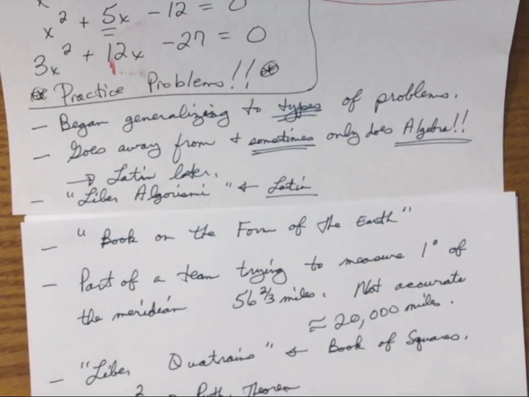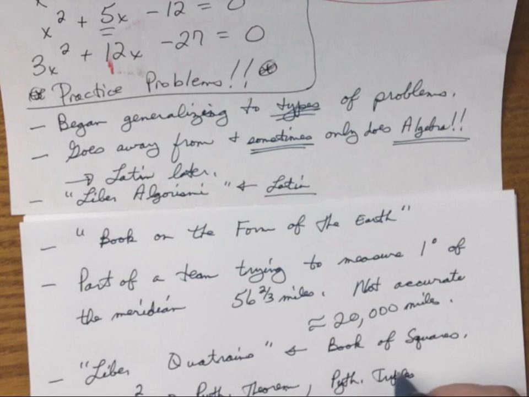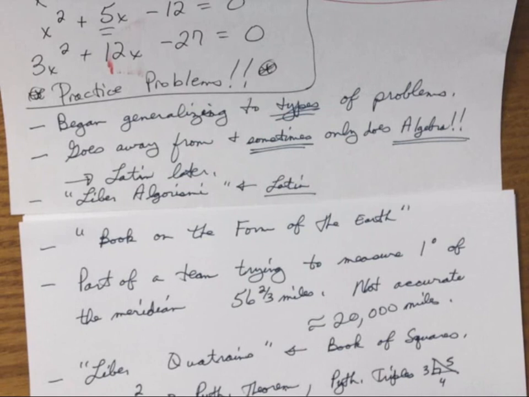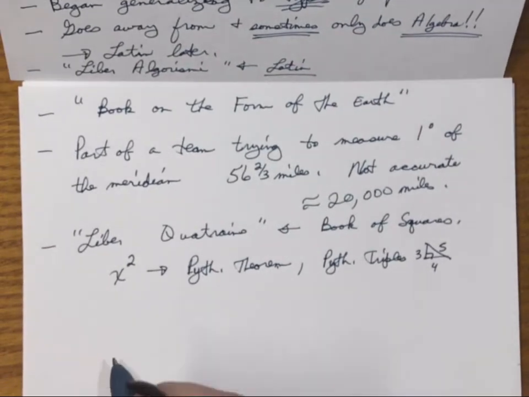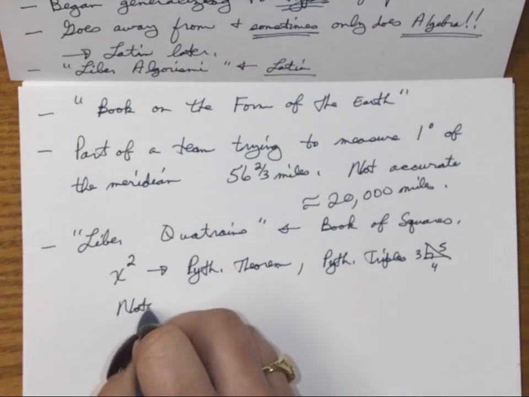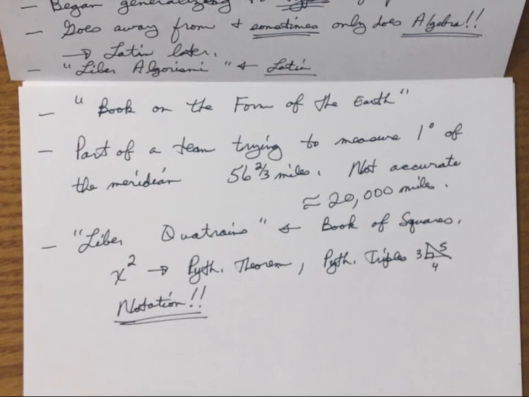And in particular he dealt with Pythagorean triples, so things like if I have a right triangle, I can have a 3, 4, 5 right triangle. And the big thing he's delivering for us is notation, notation, notation. So we can thank him for coming up with exactly what we want our x squares to look like and things like that.